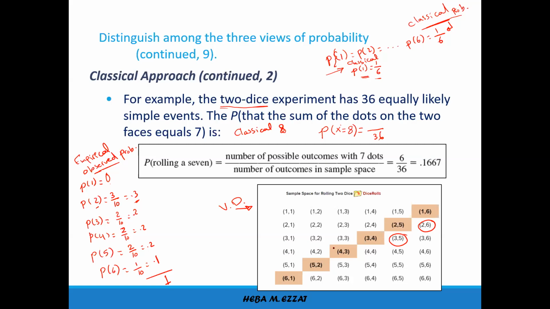I go down here, I would have 4 and 4. Here I have another, 5 and 3. And here I would have 6 and 2.